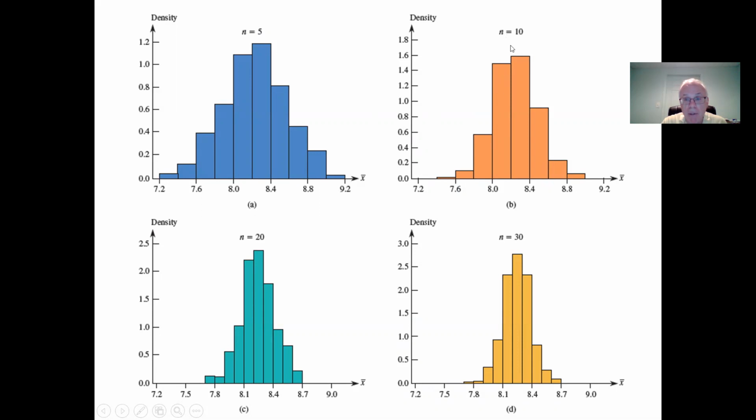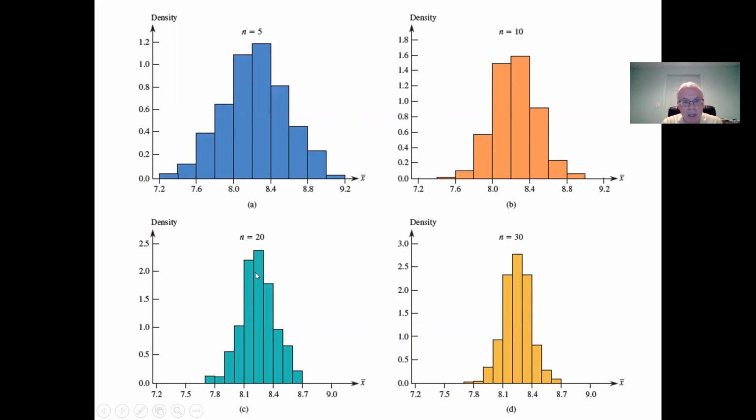N is equal to 10. Notice that, again, the middle is somewhere in here. And notice that the standard deviation of the sampling distribution, the standard error, is smaller. Okay? Notice that the width here is more narrow than it is over here. And this is true when n is equal to 20 and n is equal to 30.